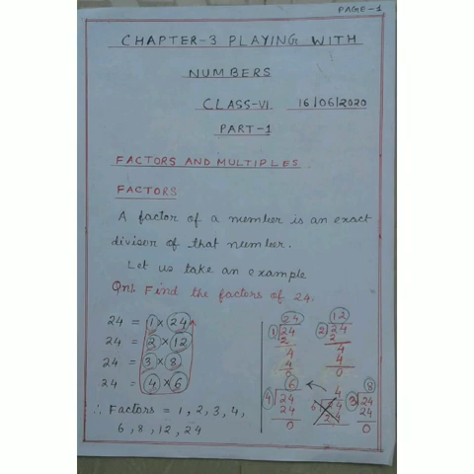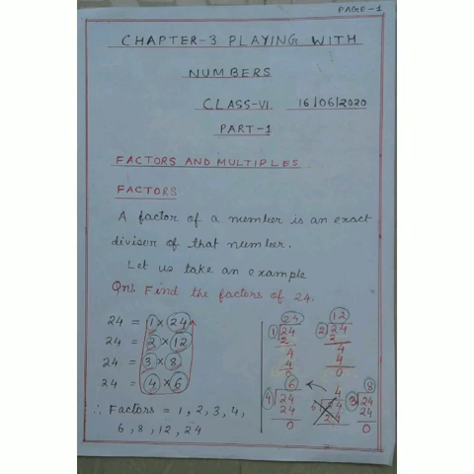Let us check some examples to explain factors. Question number 1. Find the factors of 24. In the right side of the page, I shall try to divide the number 24 by different natural numbers.